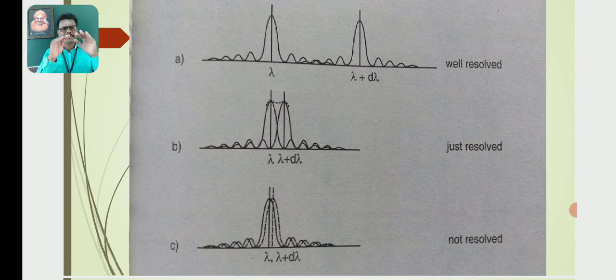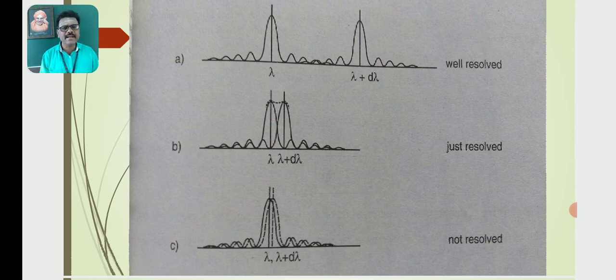In the first diagram, there is no overlapping of the central maximum of the diffraction pattern of one with the central maximum of the diffraction pattern of the other, so they are said to be well resolved, well separated.